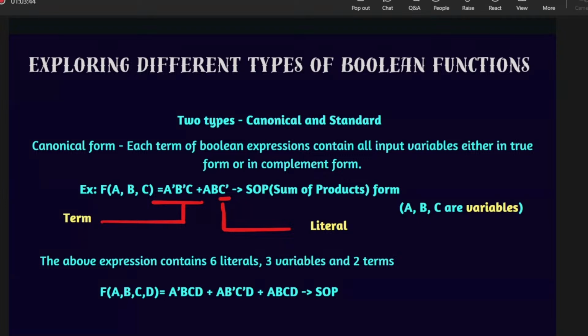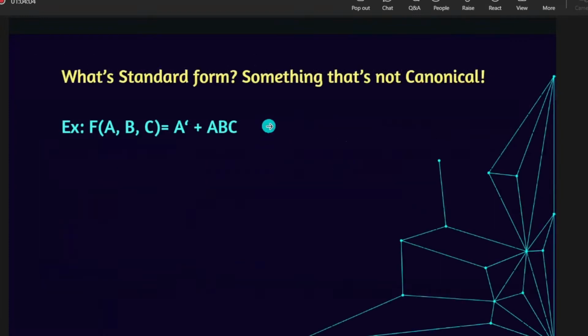They might be in their prime or not form, but they still are there. So in each term, you have A, B, C. What if it's just AB without C? Then it becomes a standard form. What is standard form? Something that's not canonical. An example is, as I said, A prime plus ABC. While the second term has all the three variables, the first term doesn't have B and C, and it has only A.